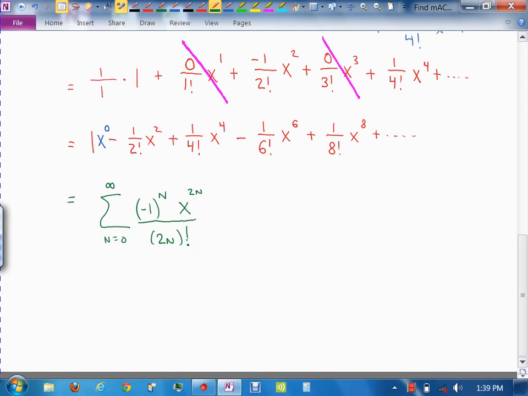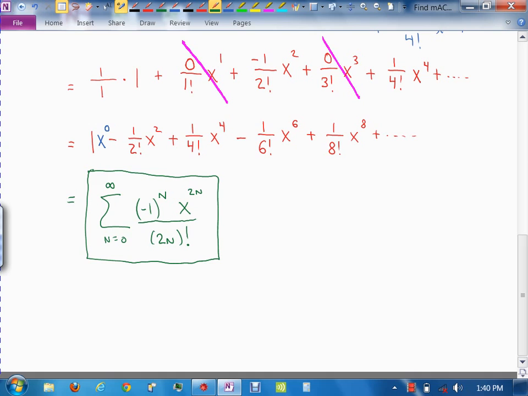What's 0 factorial? 1, and that would take care of my first one, wouldn't it? This is the mathematician's formula for cosine x. That's the power series, the Maclaurin series for cosine x. Your calculator does this, and it just at some point stops at some preset tolerance within the calculator.